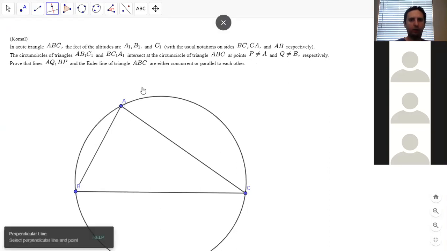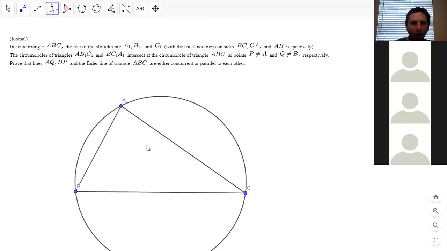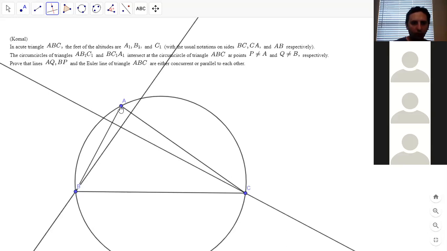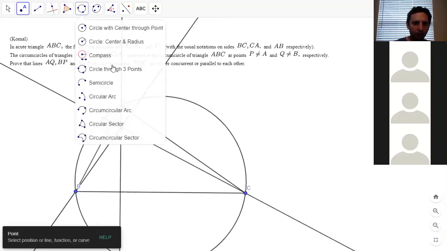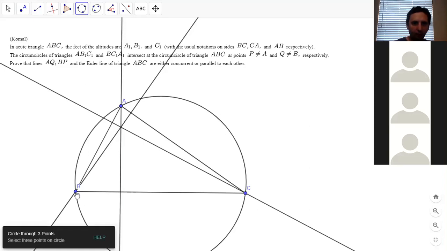So really, it looks like we only have to do this. Okay, we do need all the altitudes. So basically it's just saying we look at these.